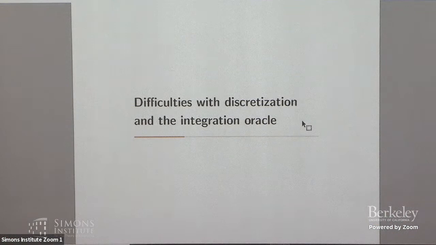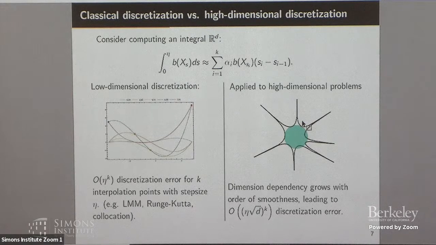Okay, so let's continue the discussion about the difficulties with discretization. We know that discretization, for example if you want to compute some integral, is well studied. So why is it so difficult for this high-dimensional sampling problem?